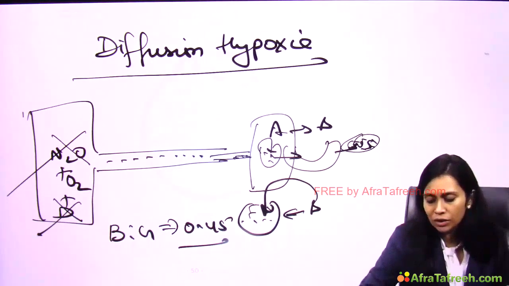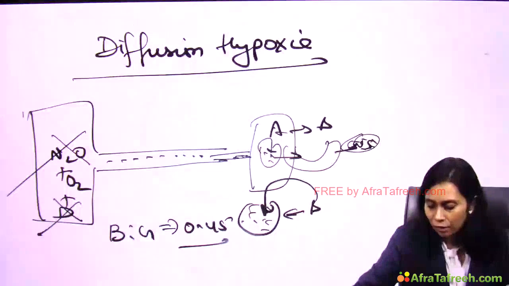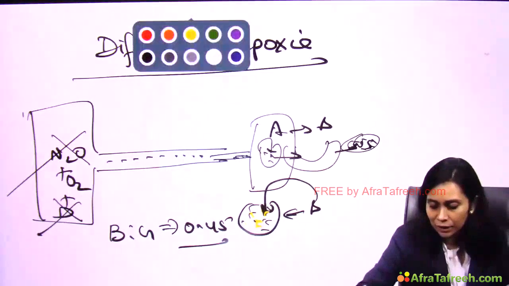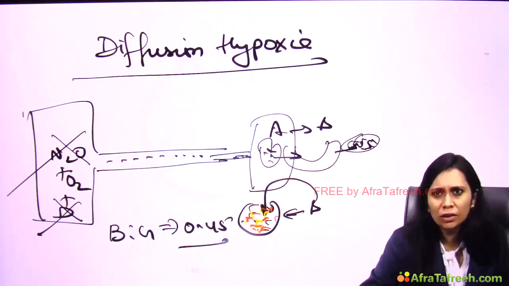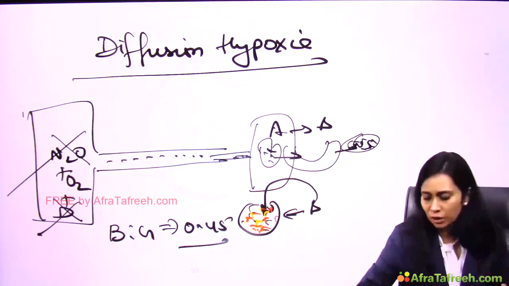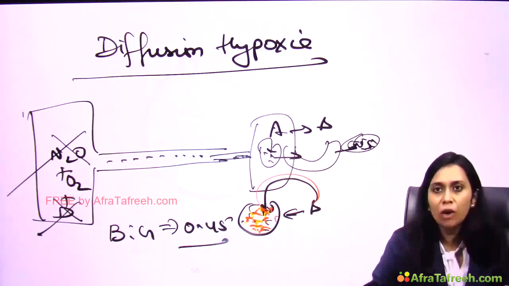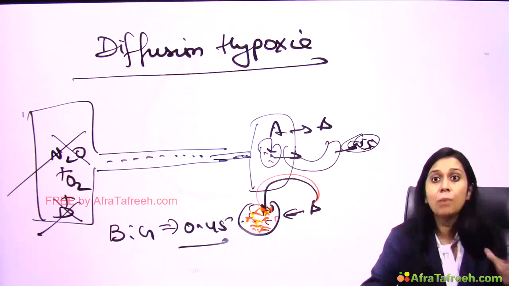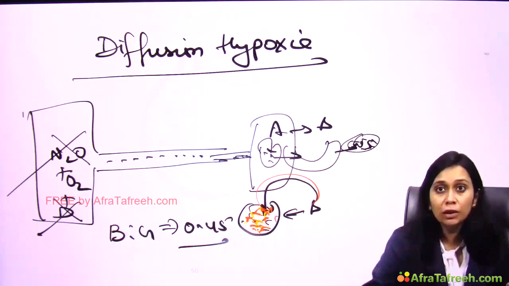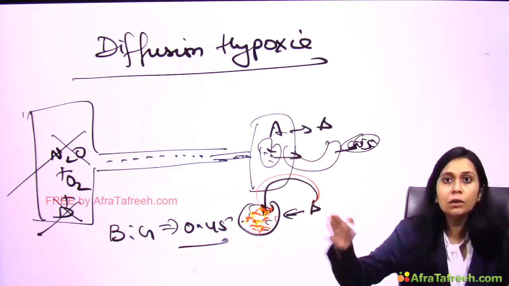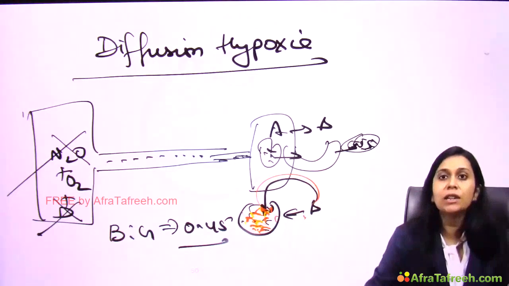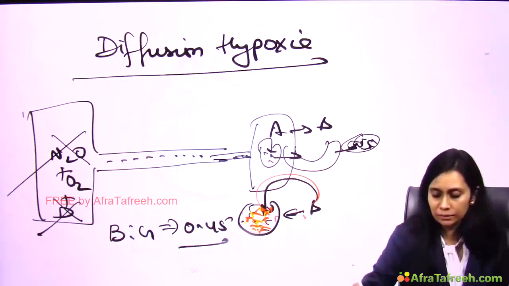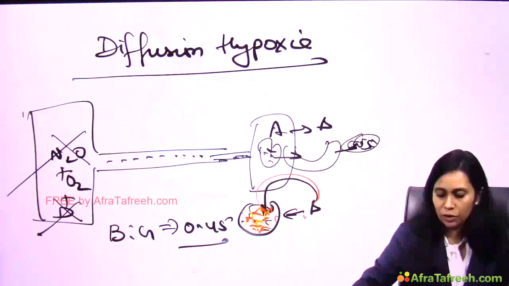Whatever oxygen is in the alveoli, let's say 40% oxygen, nitrous oxide dilutes it. The yellow one is for oxygen and the red one is for nitrous oxide. Nitrous oxide from blood comes and dilutes the oxygen and makes a hypoxic mixture. This is diffusion hypoxia: hypoxia due to rapid diffusion of nitrous oxide from blood to alveoli during reversal of general anesthesia.